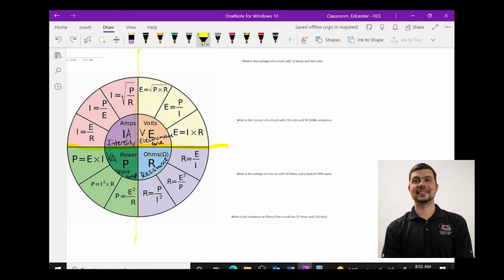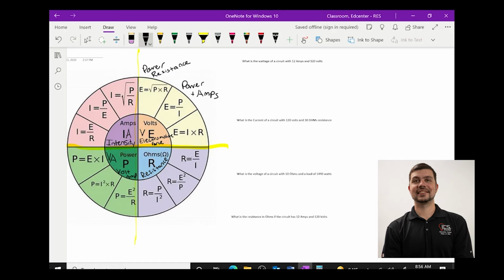So particularly, if I was looking for my volts and I had power and I had amps, I would use this formula right here. If I had power and resistance, I would use this formula on the top.